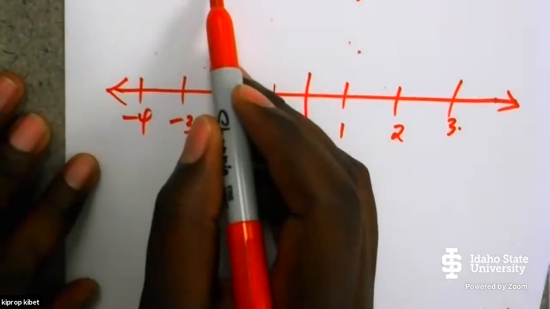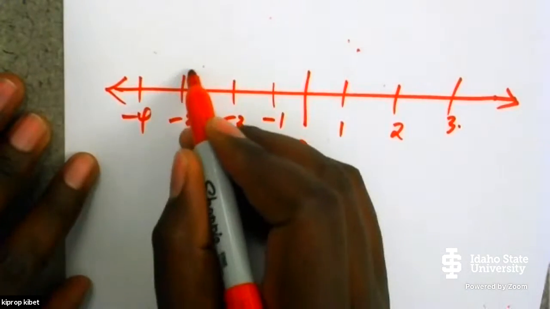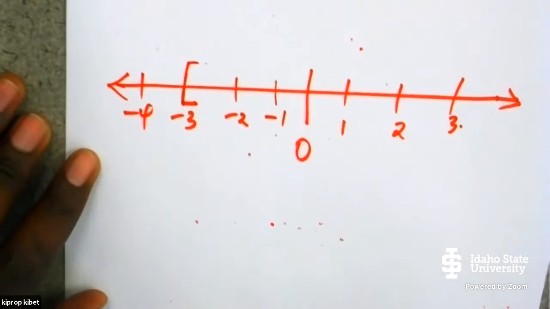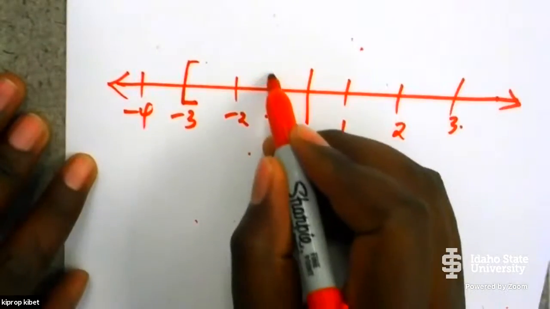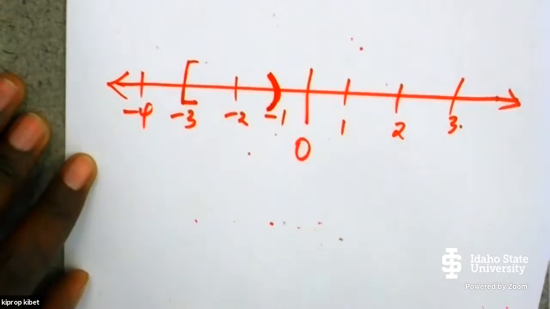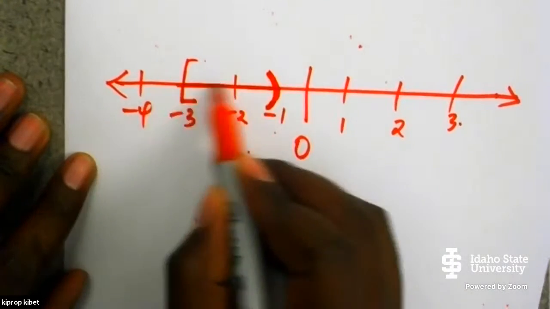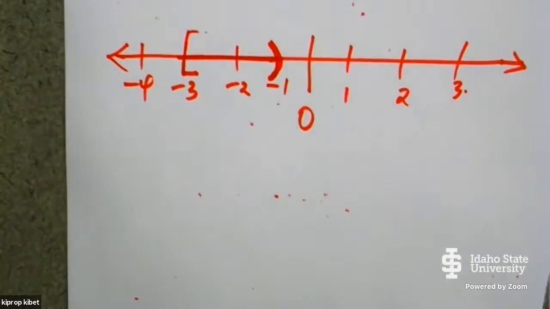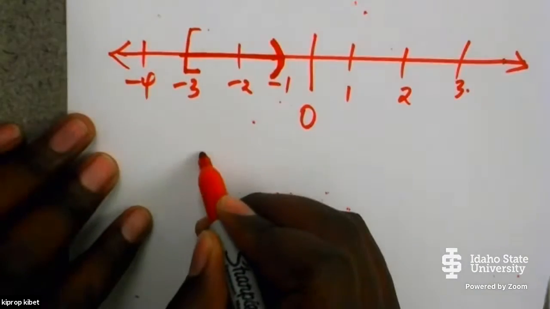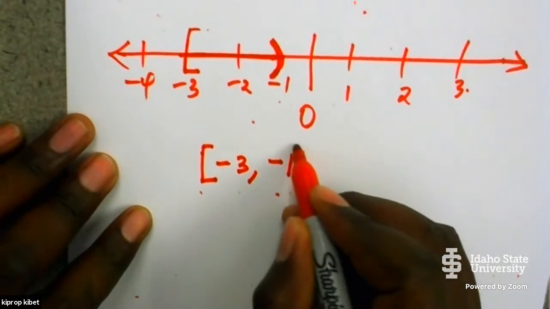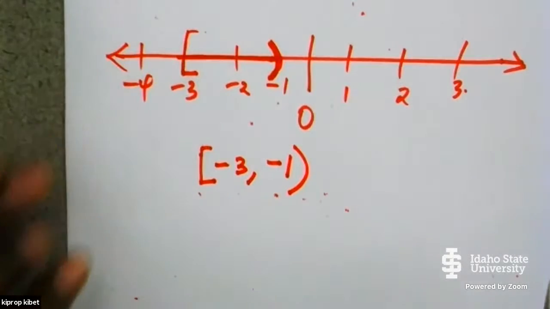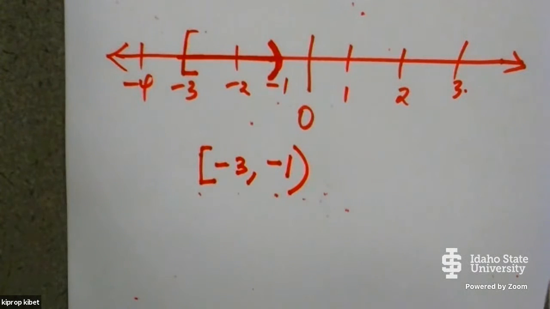This is included, so it should be a bracket. And then this minus 1 is not included. So it is between these points. Therefore we can represent this as bracket minus 3, then minus 1, parenthesis. Okay. So there are some questions there you can go and try.